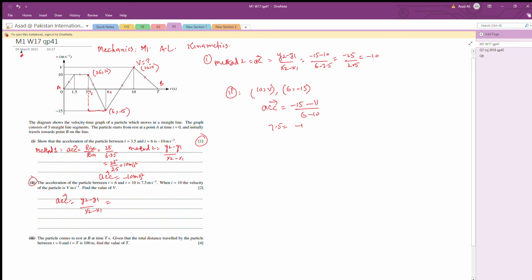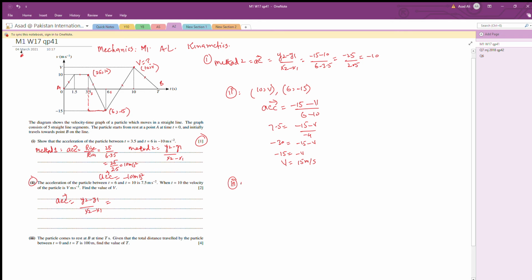So minus 15 minus v, divided by 6 minus 10, equals 7.5. So minus 15 minus v divided by minus 4 gives minus 30, so minus 15 minus v is minus 30, and v is 15 meter per second. That's the velocity.